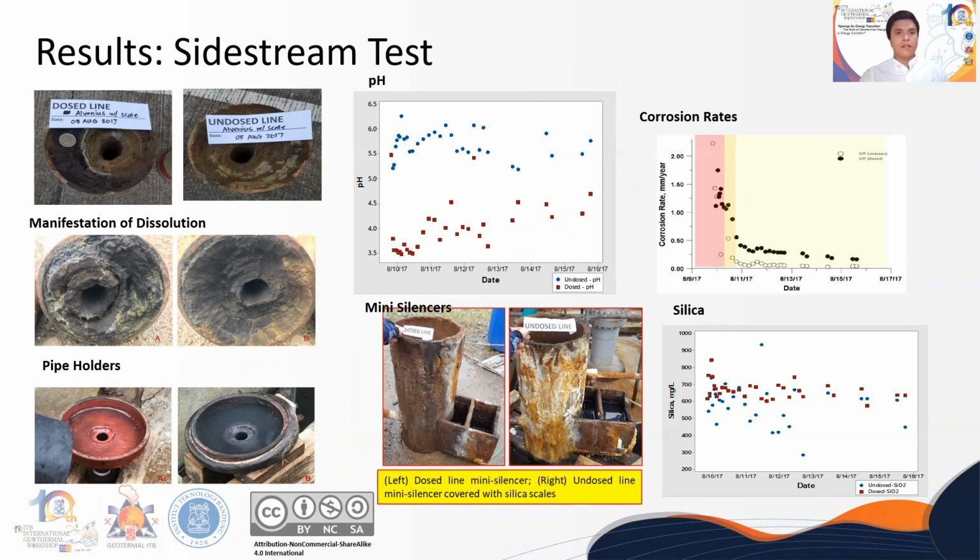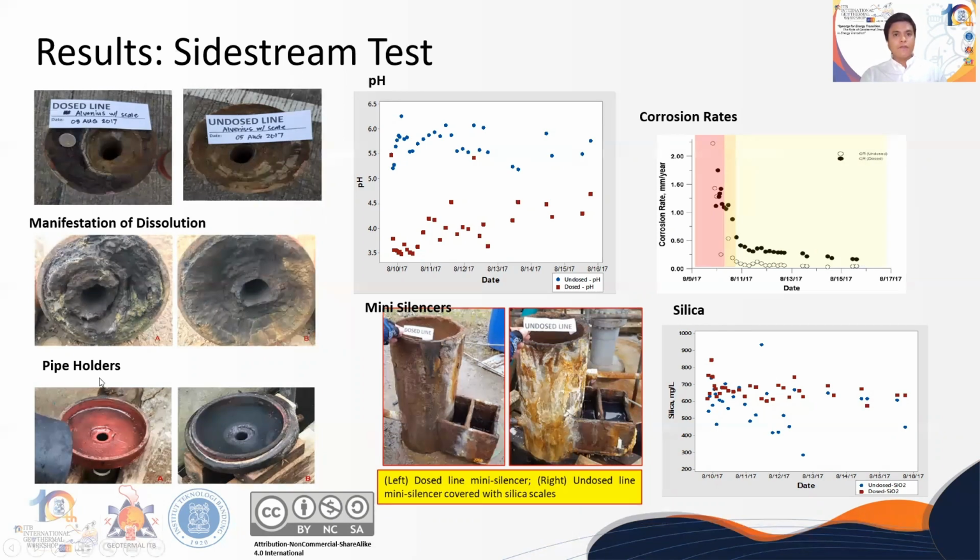As you can see, the dissolution was more pronounced in the dosed line. This particular scaling scenario can be considered a worst case, considering the hardness of the scales on each alveolus pipe. They are, quote unquote, already baked inside the pipe.